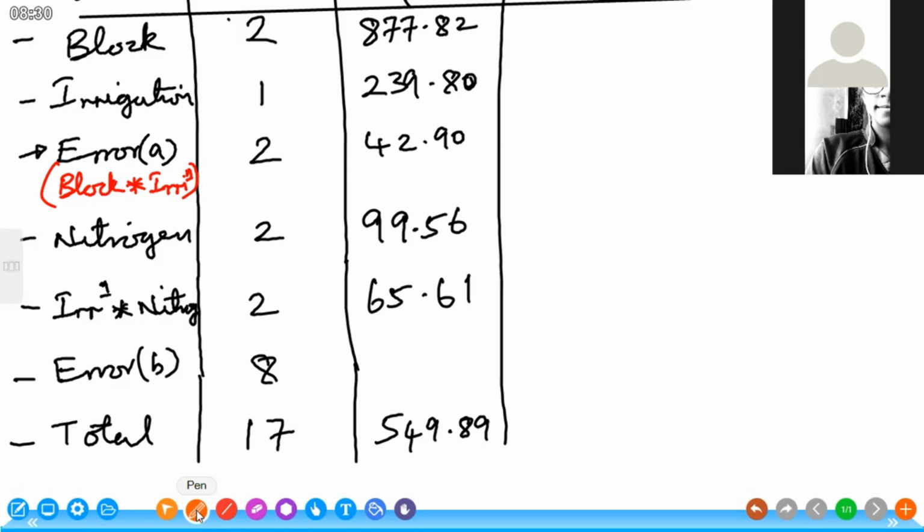Anyone? Error B. Jayati sir. 1109 Jayati sir. Jayati sir not there. 1109 Jayati sir not there.